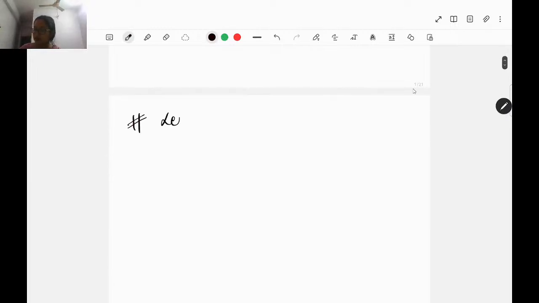So what is the Lewis dot structure? It was created by a scientist called Lewis. Why did he do that? He actually wanted to help others to visualize a covalent bond. He also helped himself. He created a model to visualize a covalent bond. So what did he do?